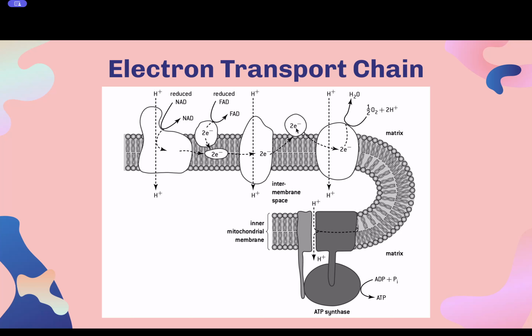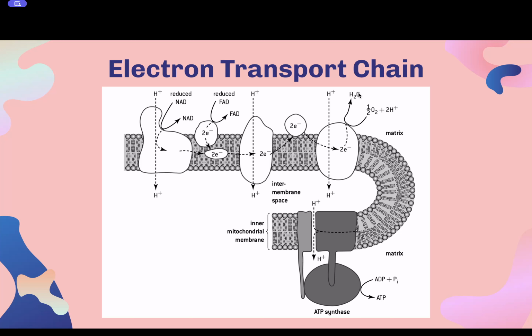And then they, of course, travel. This is a peripheral protein, and they travel to the last membrane protein, at which point more H plus ions are pumped through. Also, this is where the 2 electrons released from reduced FAD get used up with oxygen and some of the hydrogen ions to convert into water.